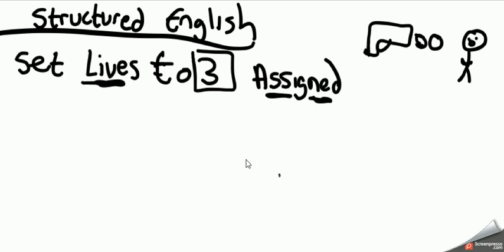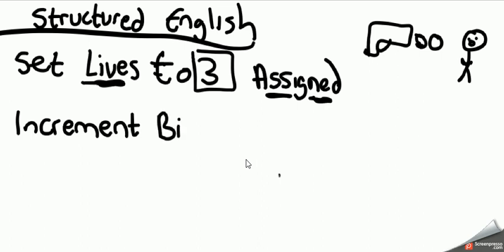Now let's imagine we're playing a game and we've been bitten. Increment bitten. That means we want to add 1 to the amount of times we've been bitten.